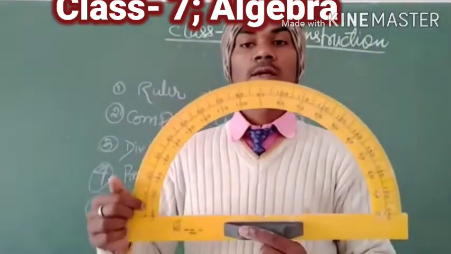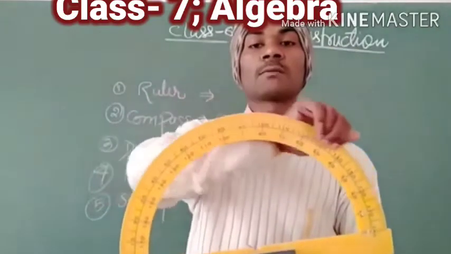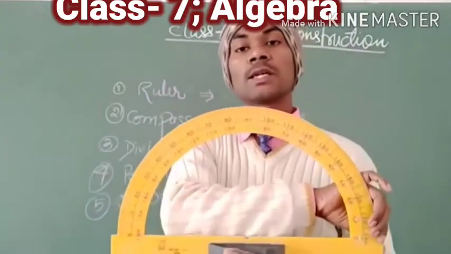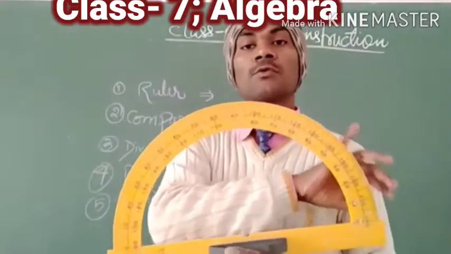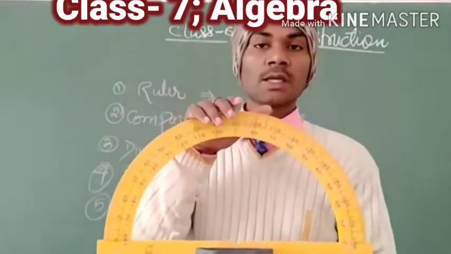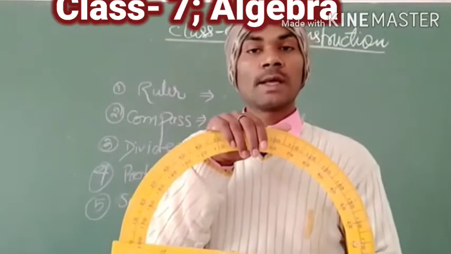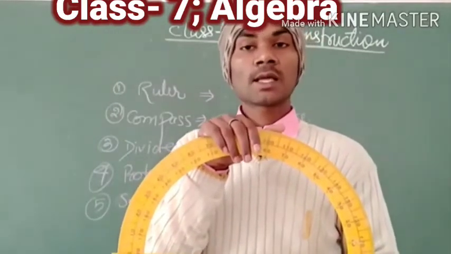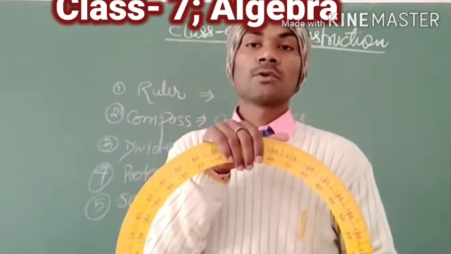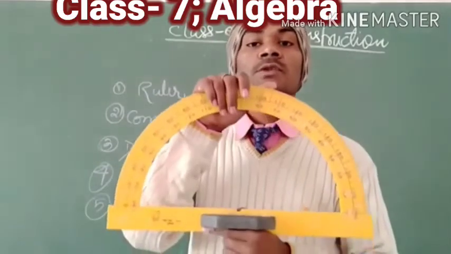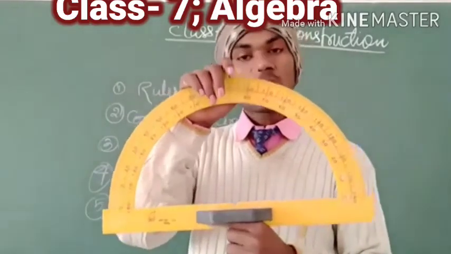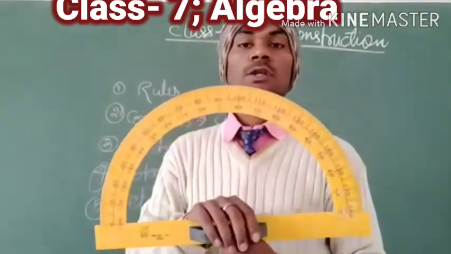You can see that these point marks represent angles. We set this protector along the base of the given figure and then measure the angle from its origin. So it is also important for construction.